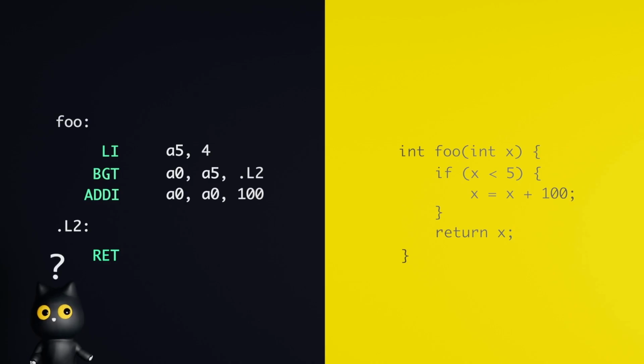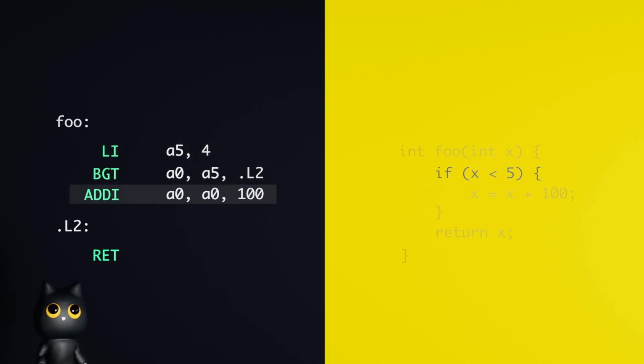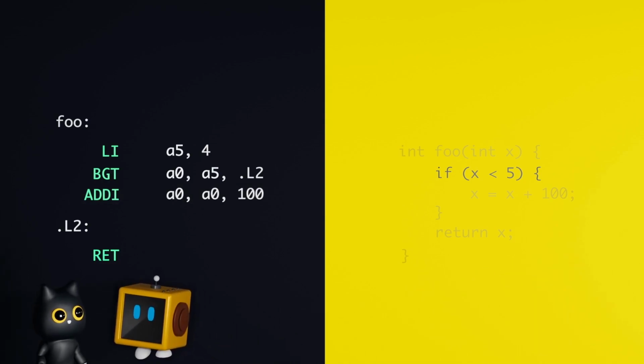But wait, there's no 4 in the C code anywhere, so where did it come from? On line 2 of our C code, we see that there is an x less than 5 condition. In RISC-V, we read the instructions sequentially line by line, without skipping any function blocks by default, unless there is a branch instruction.